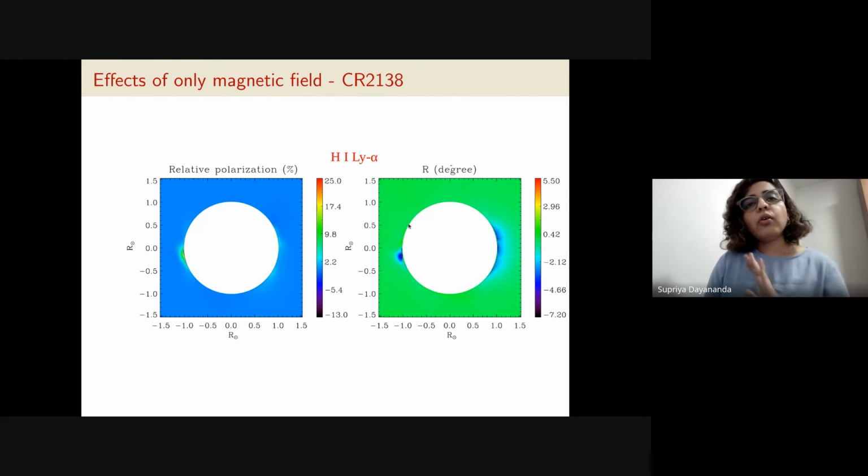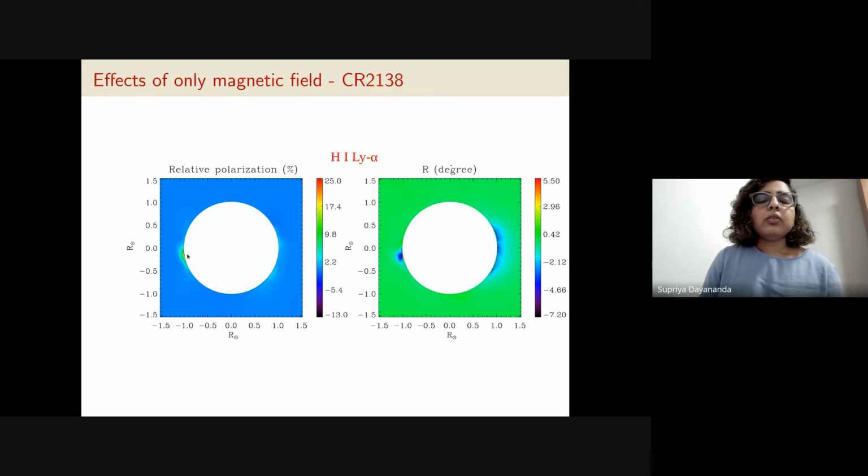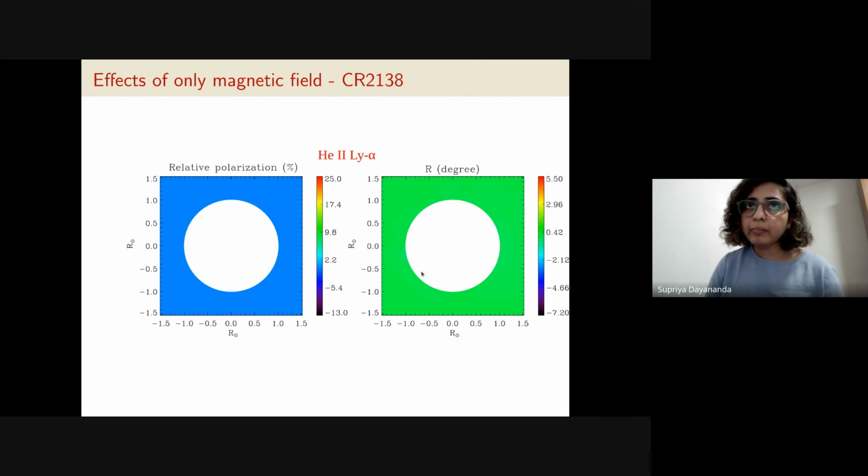Case 1, only magnetic fields. You see, again, in this model there are some magnetic fields in these regions, not as strong as in the magnetic model. And those magnetic fields leave their signature in the Lyman alpha line of hydrogen and nothing in helium.